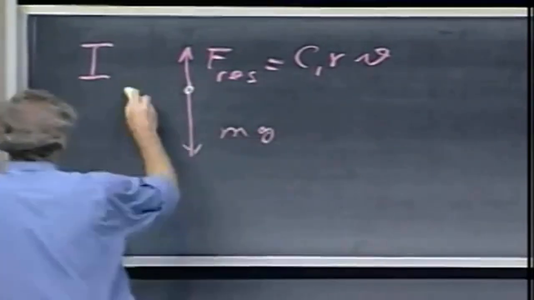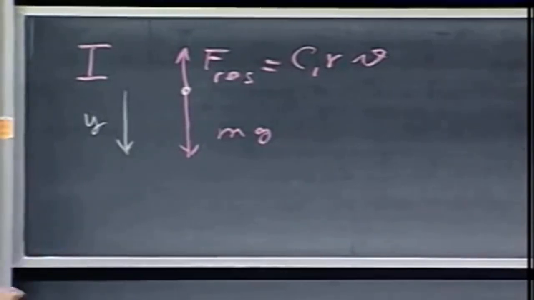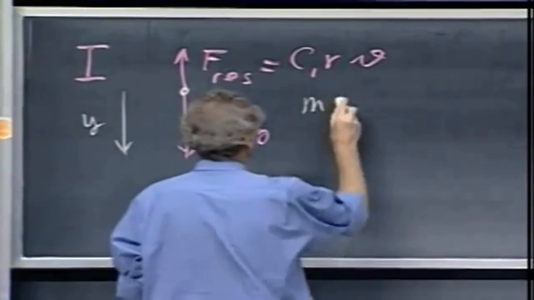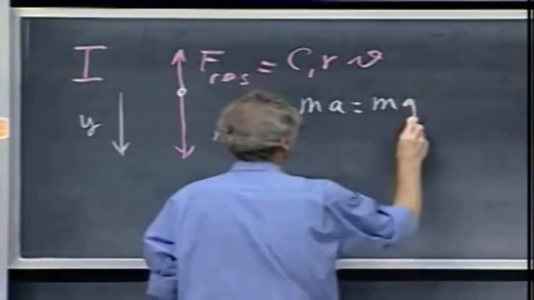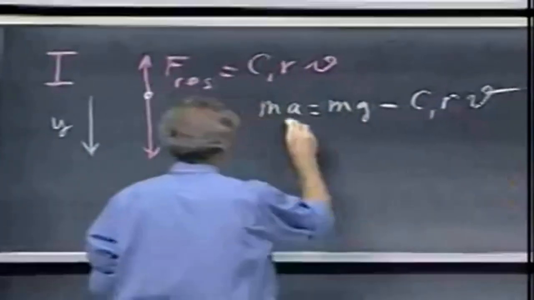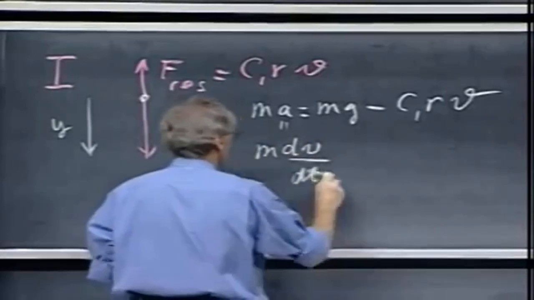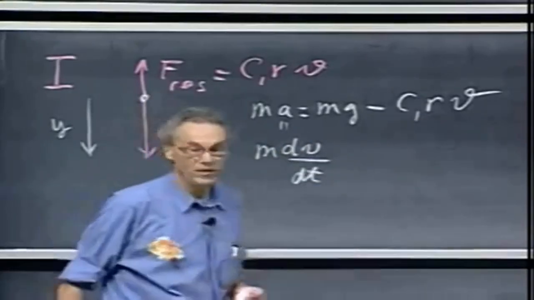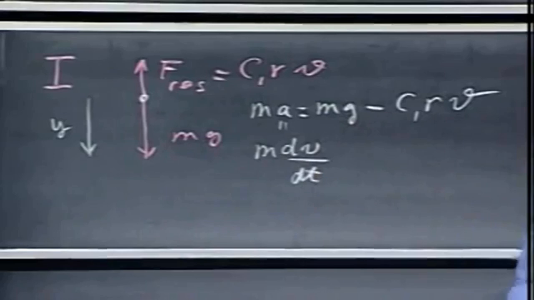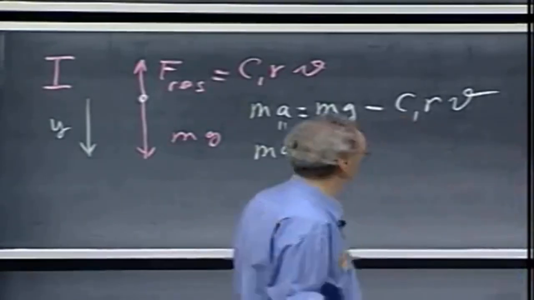And so if I call this the increasing value of y, Newton's second law would give me ma equals mg minus C1r times v, and this equals m dv dt. So I have here a differential equation in v. And that can be solved, and you're going to solve it on your assignment number 4.